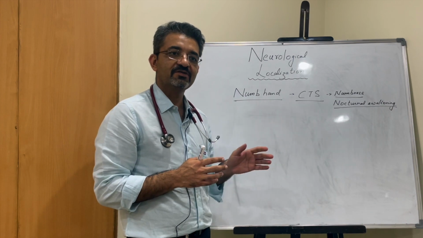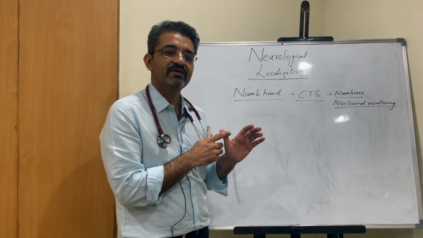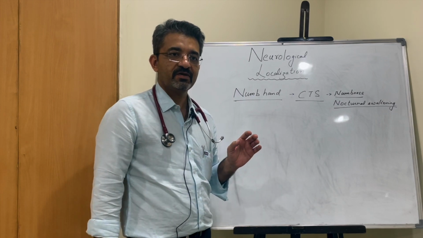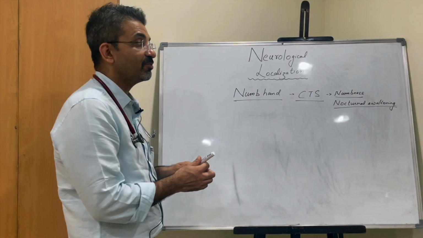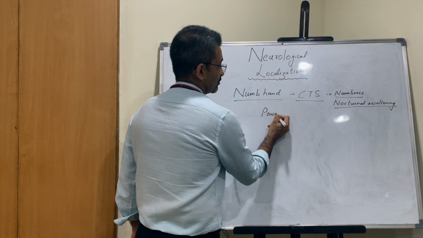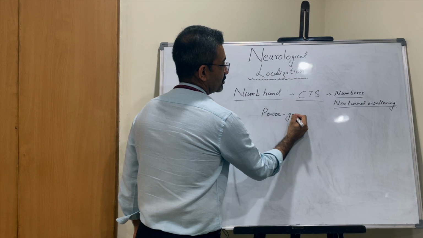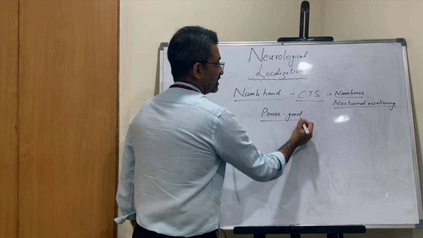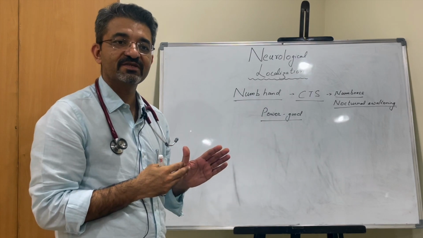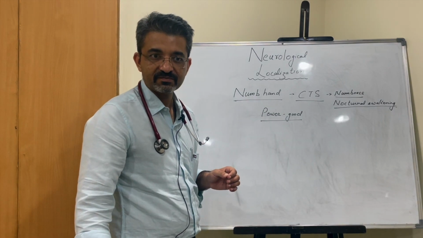So a carpal tunnel syndrome patient will come to you with either one finger or whole hand numbness, right? Weakness is not the predominant feature, which means the power remains good. In a prolonged case of carpal tunnel syndrome, you can have atrophy of the muscles supplied by the median nerve, right?